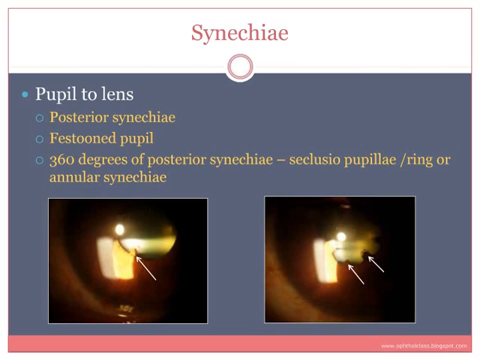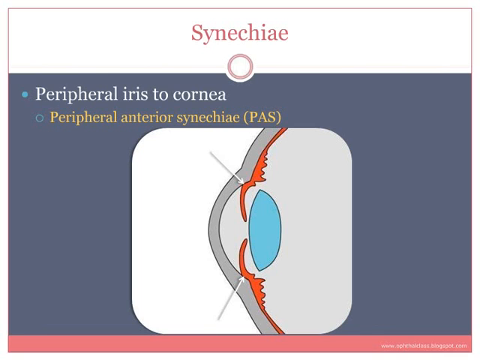The anterior chamber and the posterior chamber do not have a connection because of the adherence of the pupil to the lens. Such a synechiae occurring 360 degrees of the pupil is also called ring or annular synechiae. The other part of the iris which can get adhered is the peripheral iris.